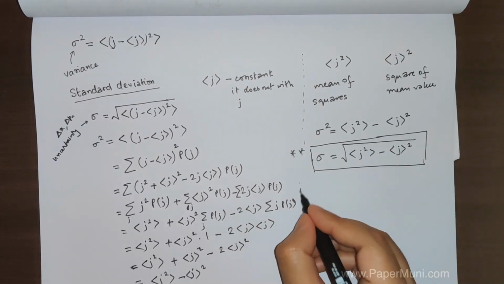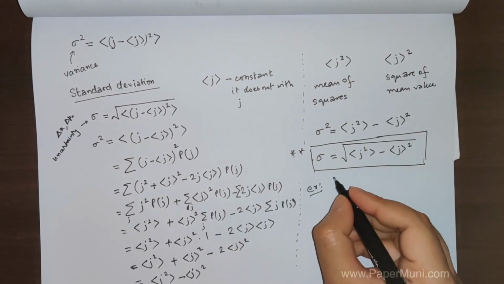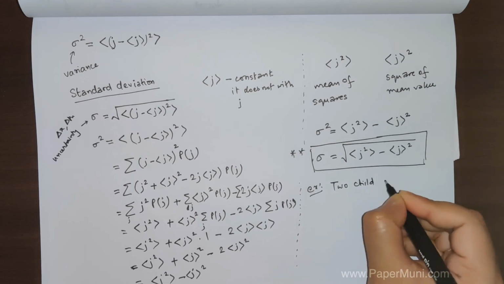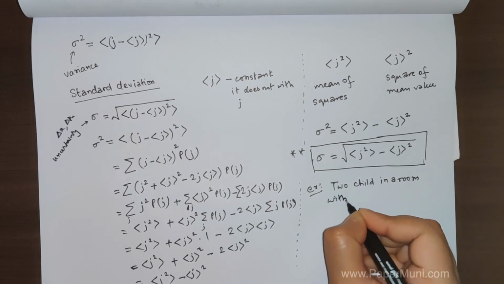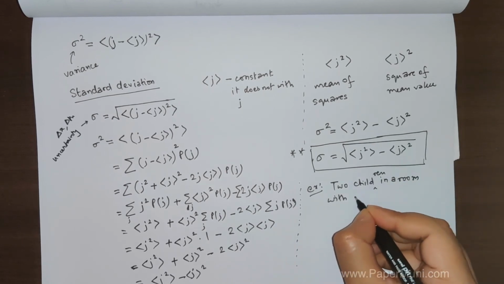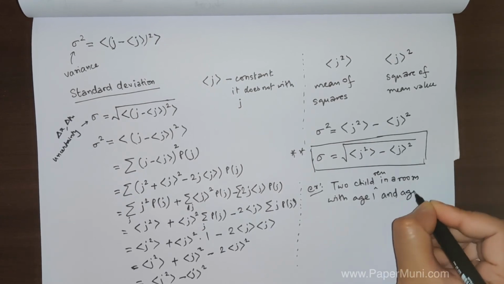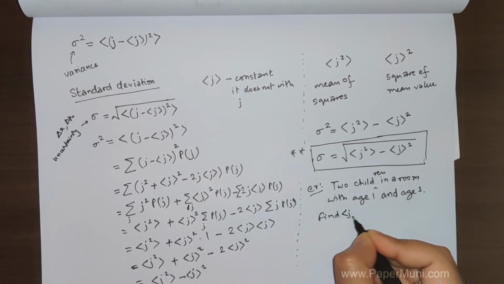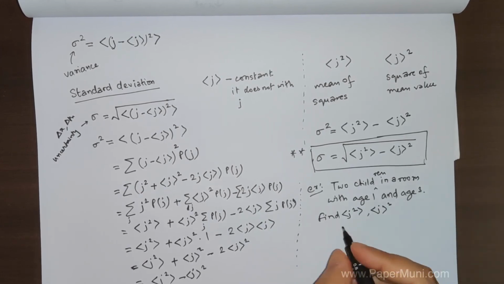Let's do an example here. You have this question: two children in a room with ages 1 and 3. Find the mean of j, the mean of j square, and the square of the mean.